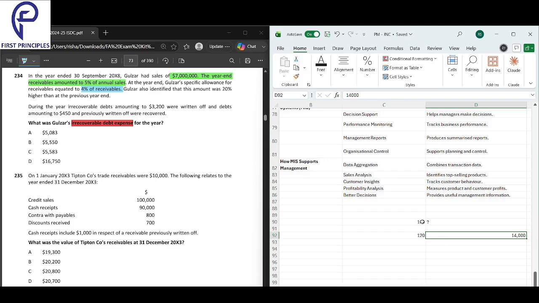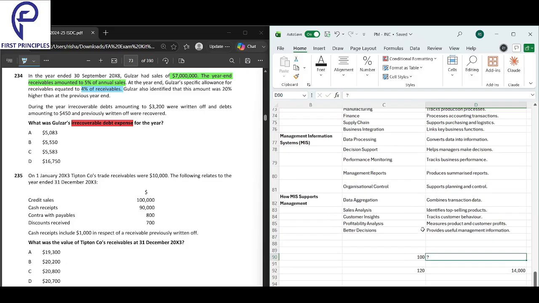So for the previous year, let's assume something was 100, and if you increase it by 20%, it will become 120. Similarly, if 120 is 14,000, what will be the 100? You do 120 into x equals 14,000 into 100.